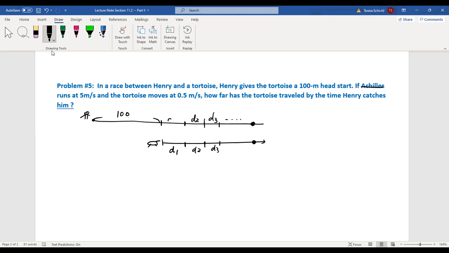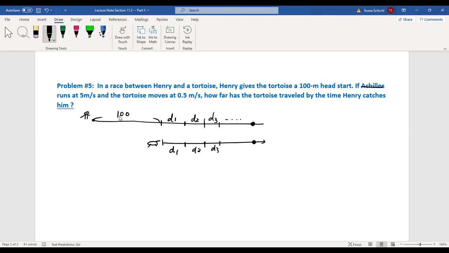So D1 is the distance the tortoise travels while Henry runs these 100 meters. Henry's speed is 5 meters per second.